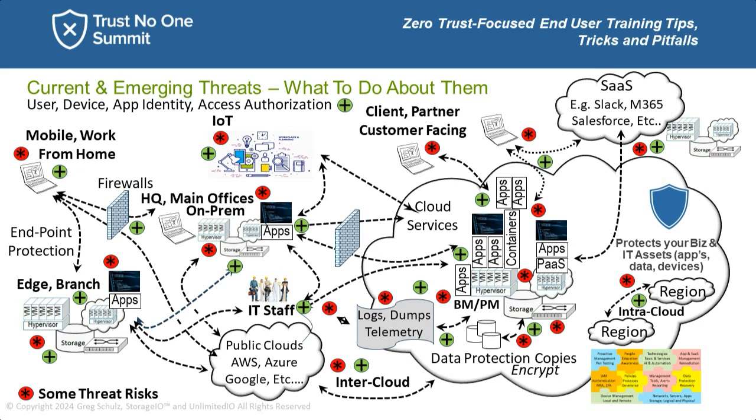Those are points, those are places that things can happen. The little green are areas where we can leverage user and device and app identification, access authorizations, okay? And not coincidentally, wherever there's a red, there should be a green authentication mechanism.